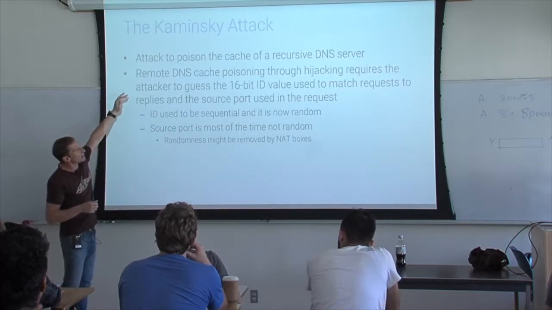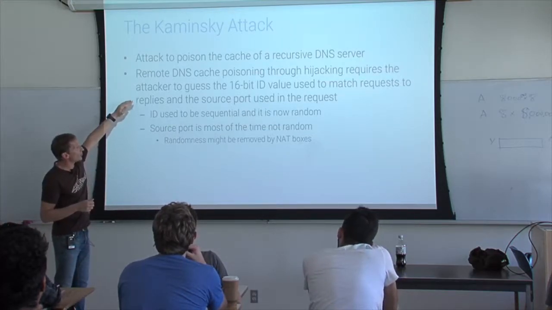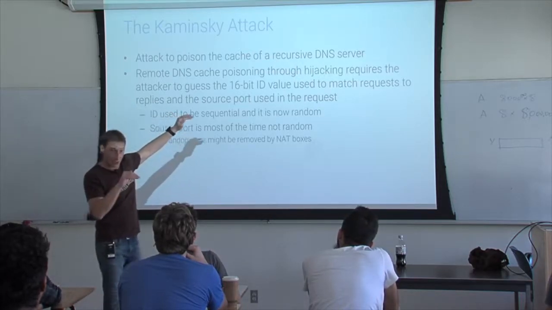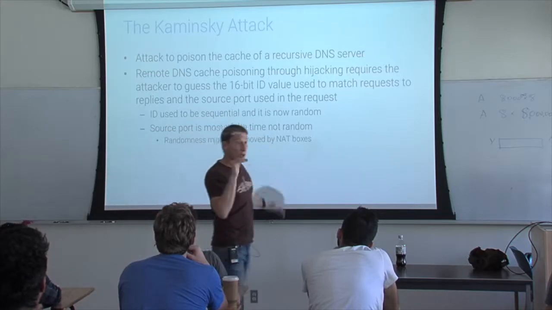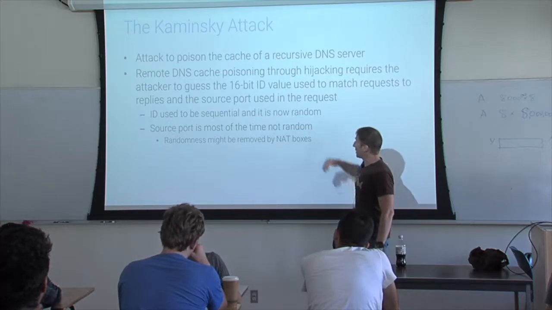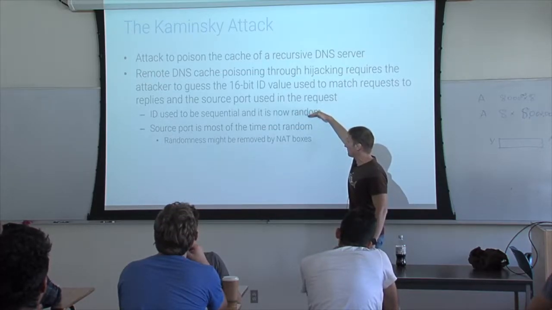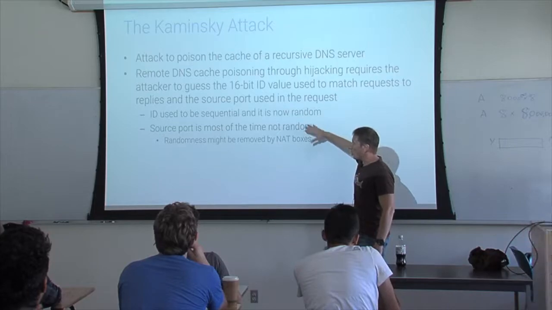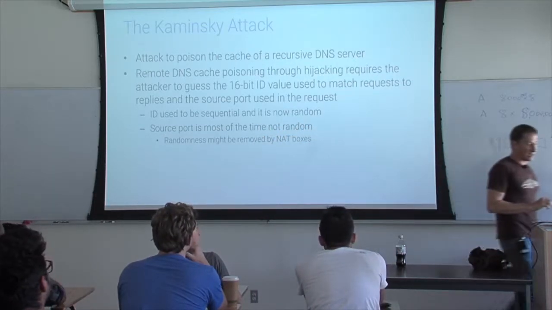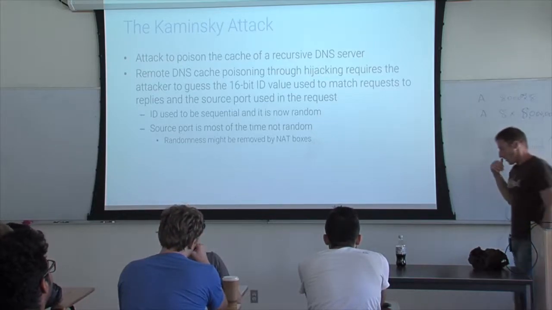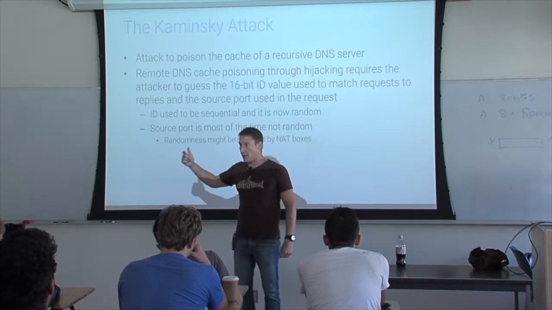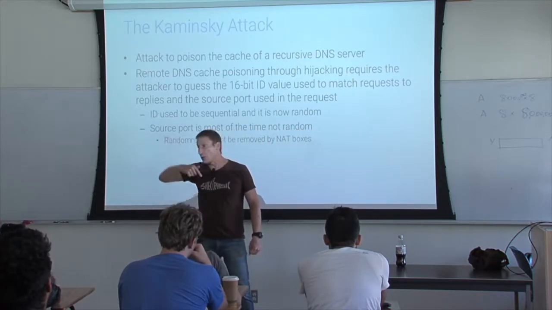So we want to do the poisoning by sending the right answer at the right time with the right sequence number. But the problem is that the sequence number is random, and the source port is most of the time not random, and it can be easily removed because, of course, the request is from a random port to 53, so the reply has to be from 53 to the random port.